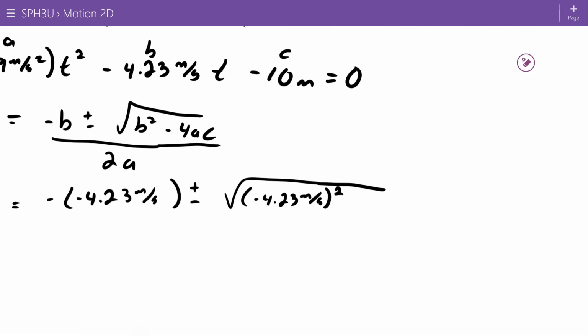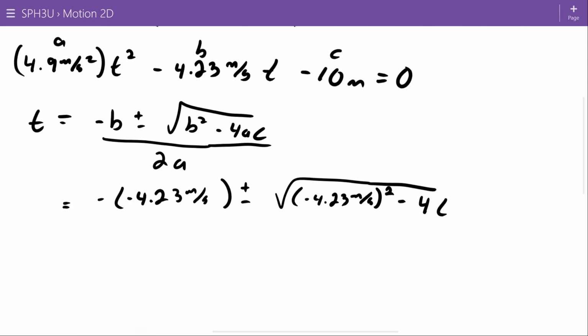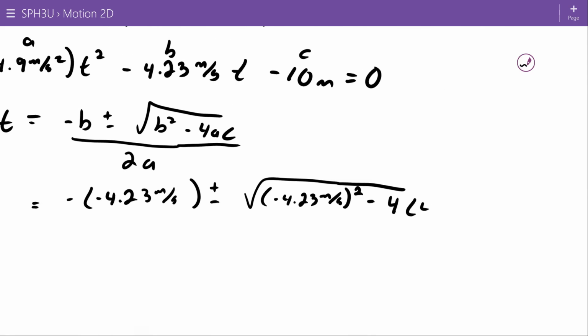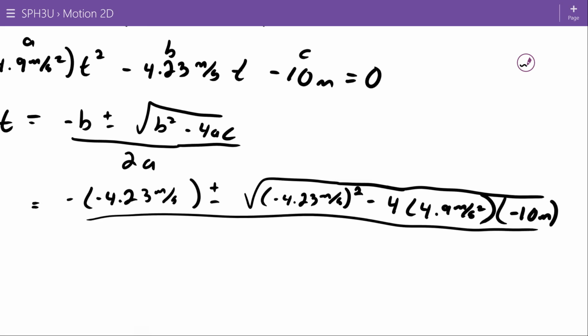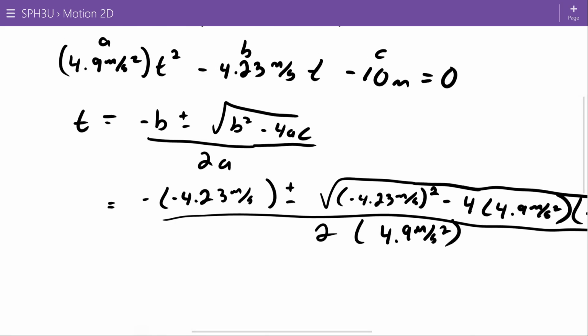Minus 4 times a, which is 4.9 meters per second squared, times a negative 10 meters, all divided by 2 times 4.9 meters per second squared. So it's a little annoying, but here we go.